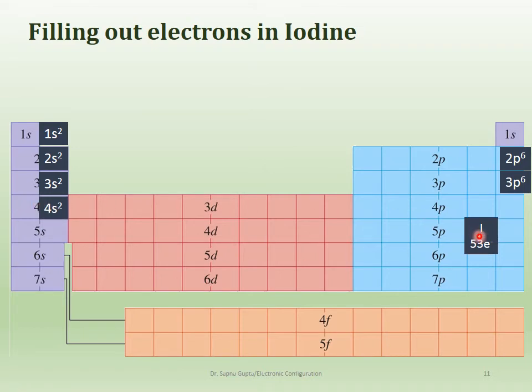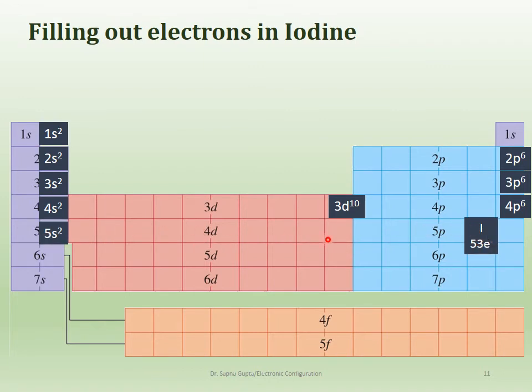Now, since iodine is down here, you still need to fill this one out, which is the 3d10 electrons. Then you go on to the 4p and you fill out the 4p6 electrons over here. Go on to the next shell and go on to 5s2, and iodine is coming right across here now on the 5th shell.